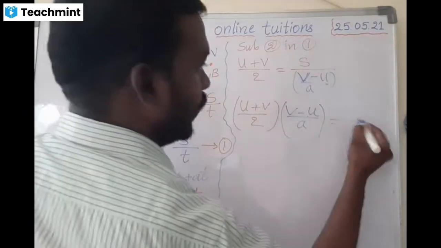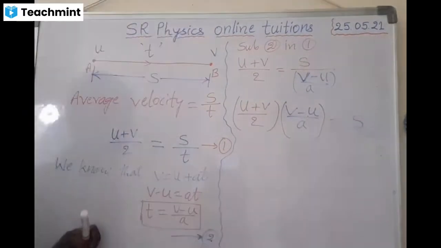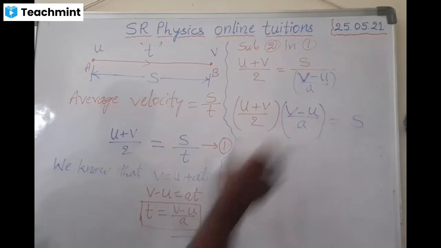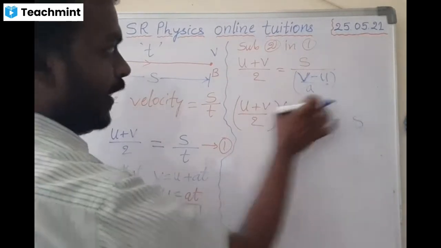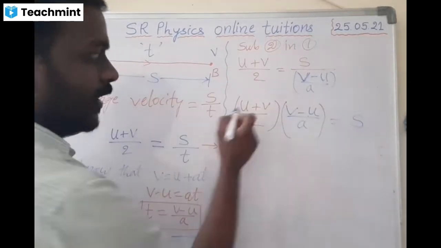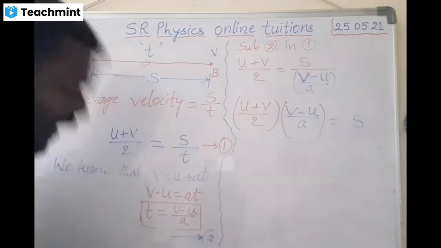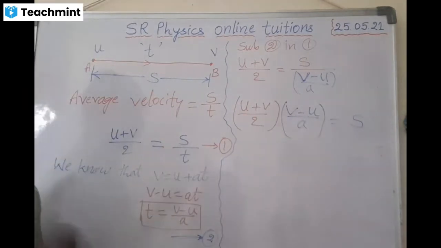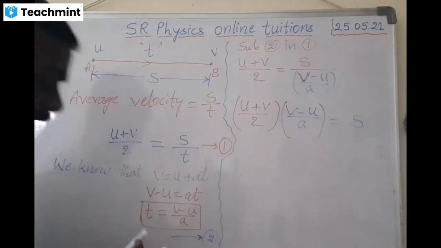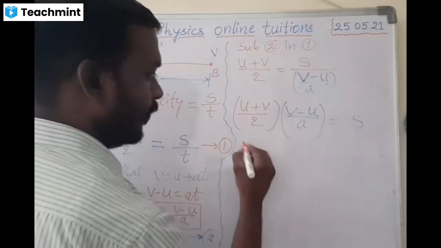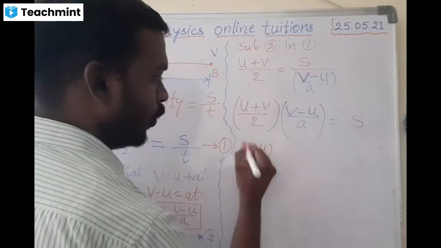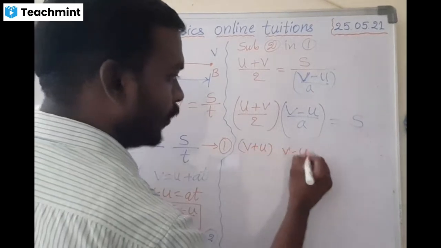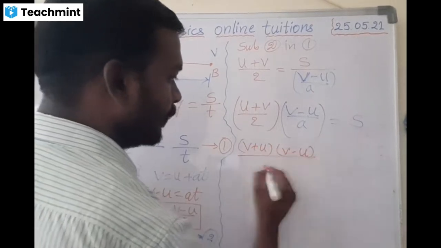That is equals to s. See this v minus u by a, I'm taking to this side. Then u plus v by 2 into v minus u by a is equals to s. Now I'm rewriting this as v plus u into v minus u by 2a.